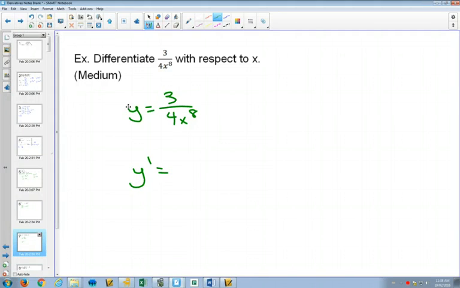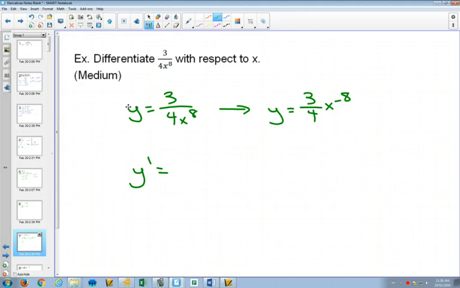Well, before I can work with this function as it is, my x to the 8 right now is on the bottom of my fraction. My power rule works for any x that's in my numerator. So I'm going to have to first take this function and rewrite it with something that looks like I can do my new power rule with.